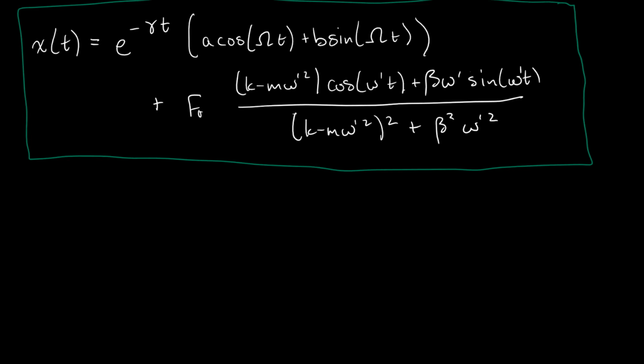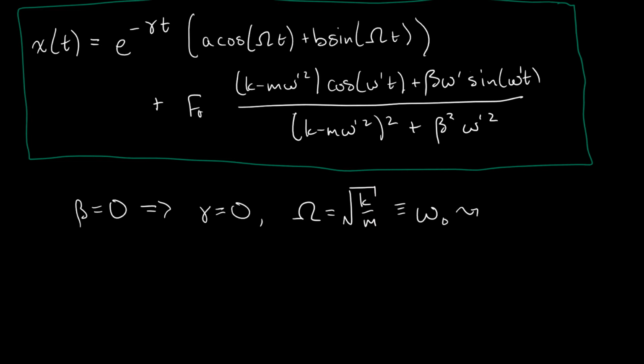So let's look at the case where beta equals 0, which means that gamma equals 0 and omega equals just the square root of k over m, which I'll call omega naught, the natural frequency of the system. So if there was no force being applied, this is the frequency that it would want to oscillate at.